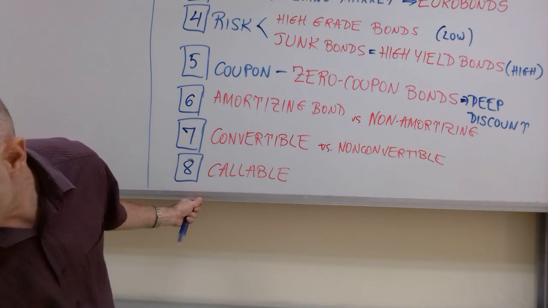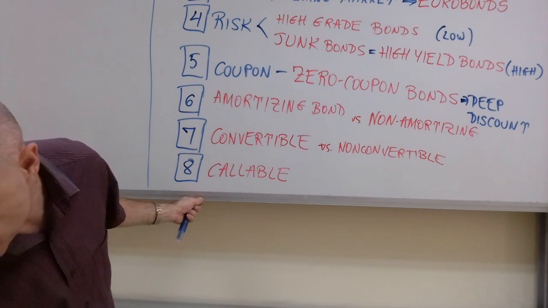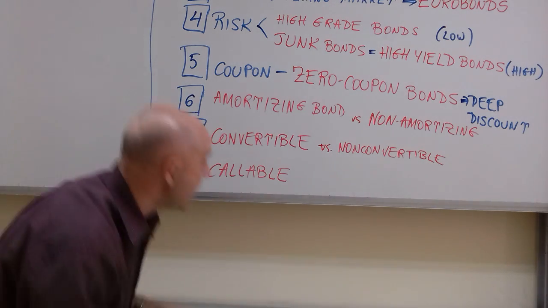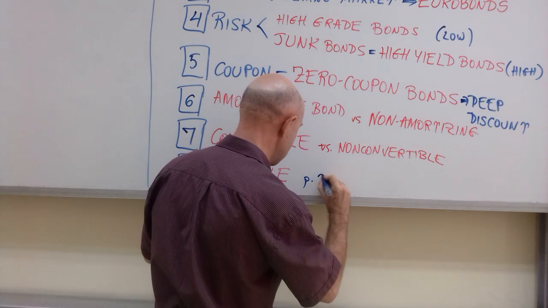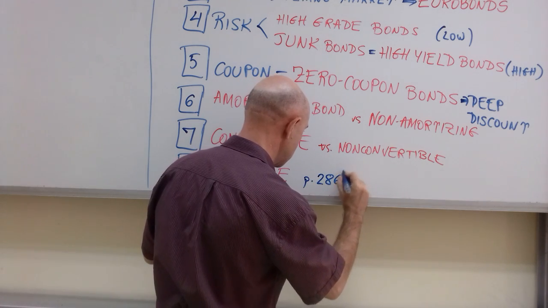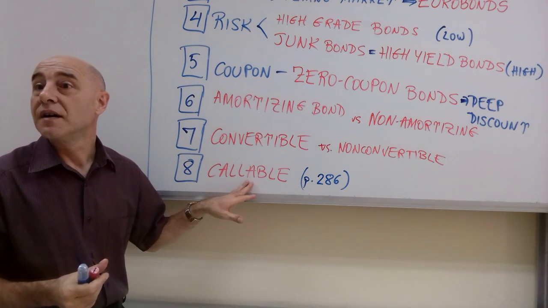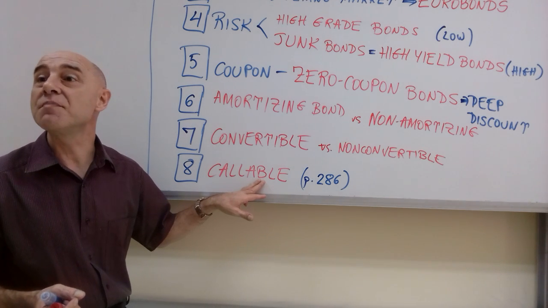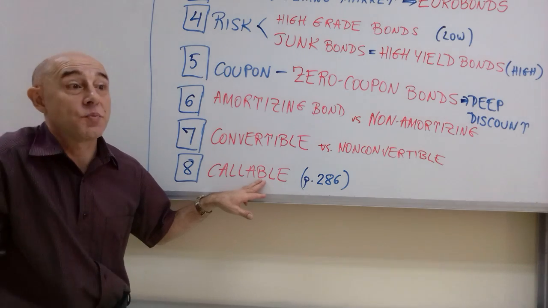All right, let's go back to section number 1. That's page 286. Page 286. So, the definition becomes a callable bond is a bond with a call provision. With a call provision.